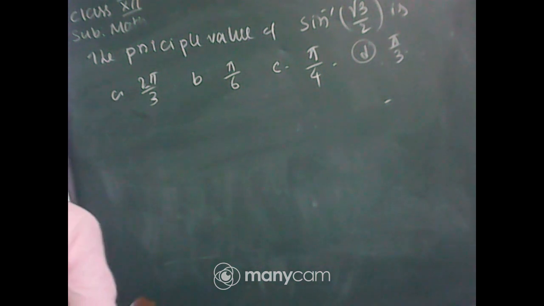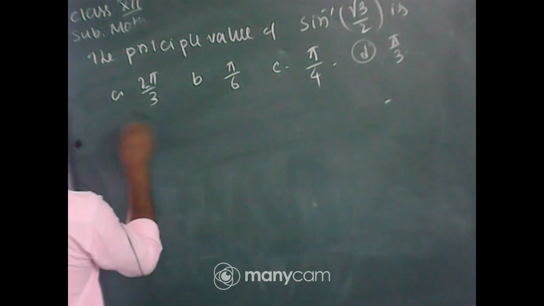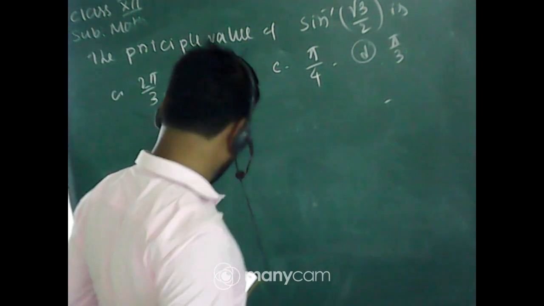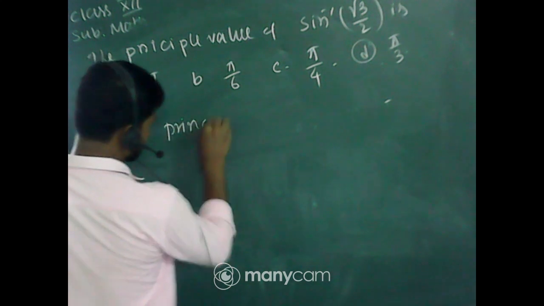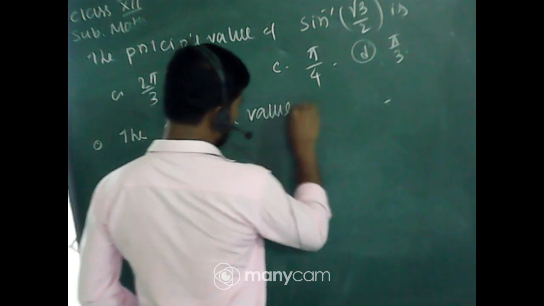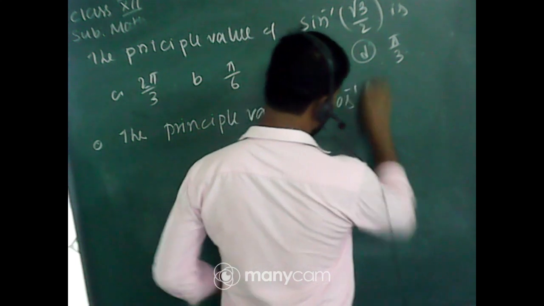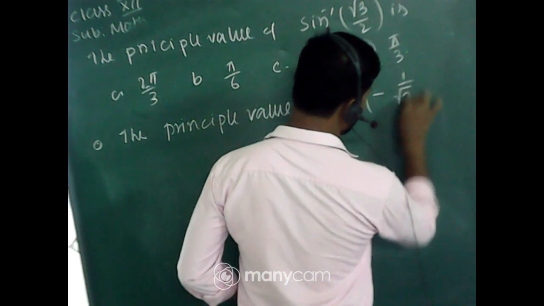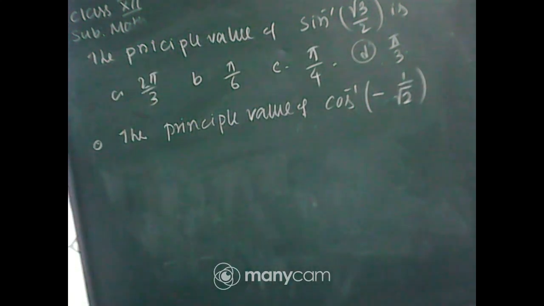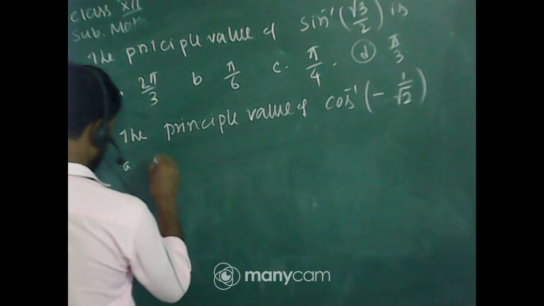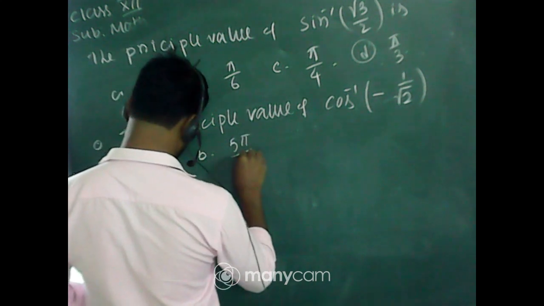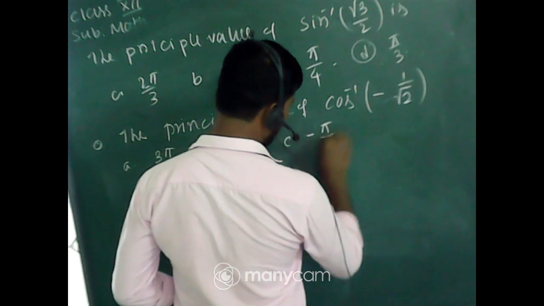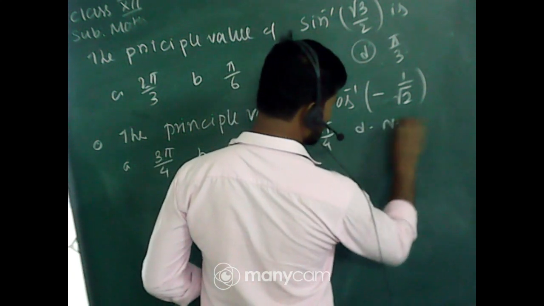The next question is, find the principal value of cos inverse minus 1 by root 2, and the options are A 3 pi by 4, B 5 pi by 4, C minus pi by 4, and D none of this.